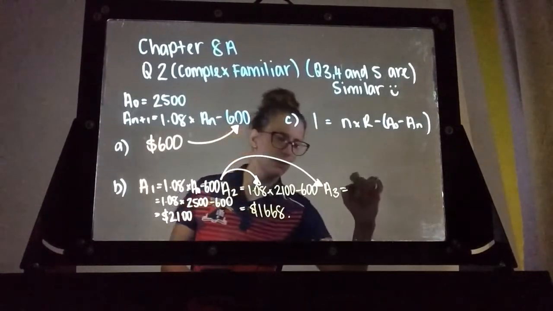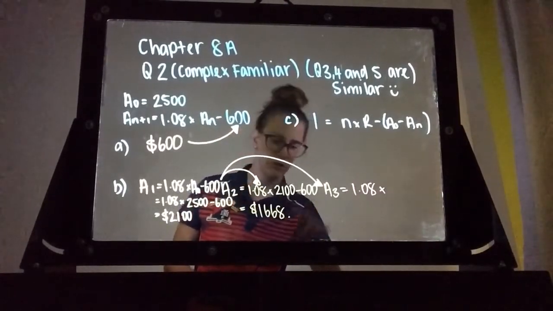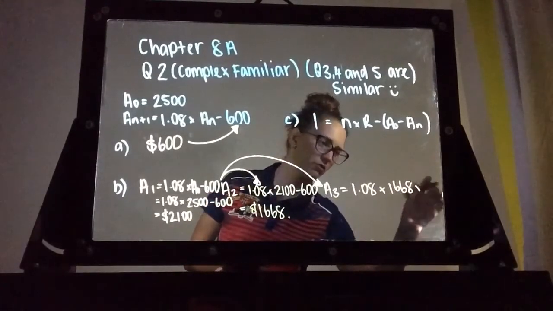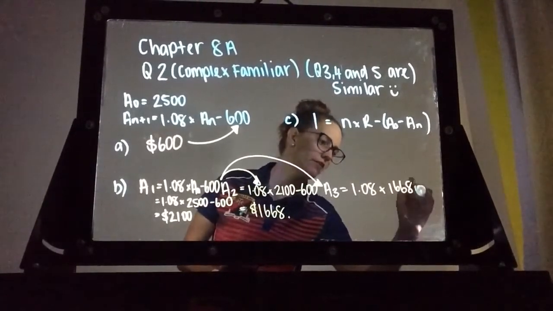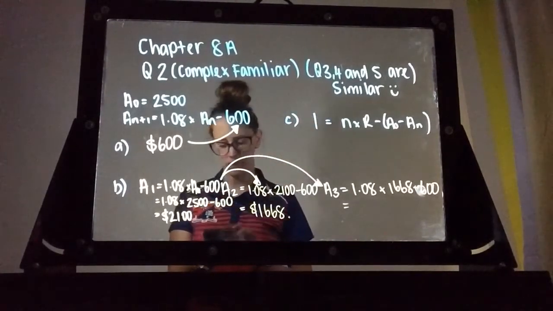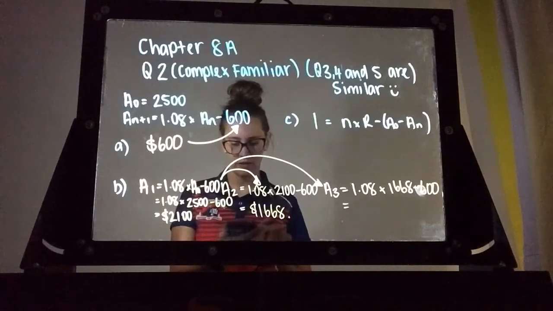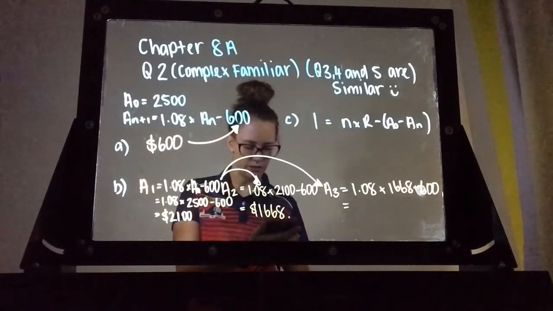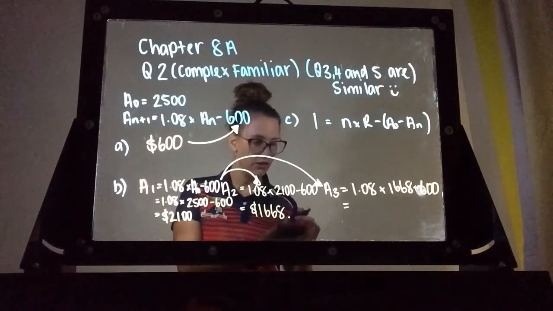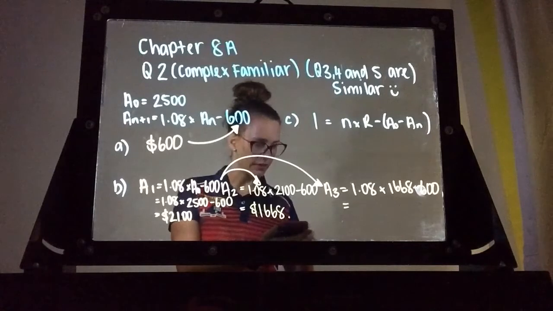So similar thing, 1.08 multiplied by my previous value. Oops. It's going to be a minus sign, so minus 600. So again, I'm going to put that into my calculator. Ooh, that's not right. Take away 600. Put in 600, not 60.